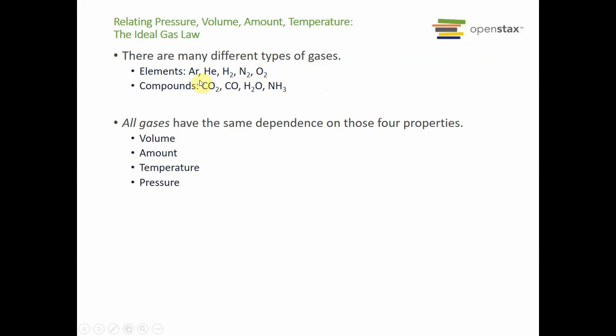There are compounds: CO2, CO, carbon monoxide, H2O. It's frequently a gas. It's a gas around us at low pressure, as well as a liquid. And ammonia. All gases have the same dependence on these 4 properties: volume, amount, temperature, and pressure.